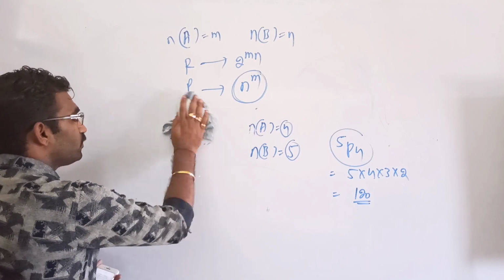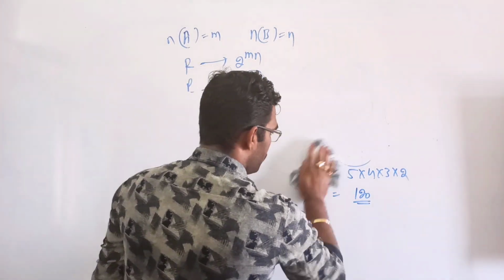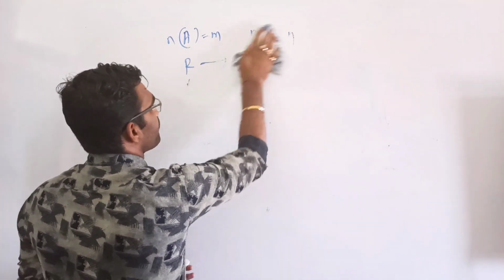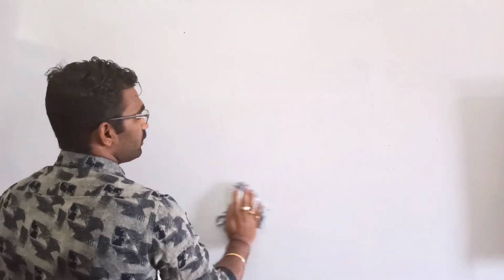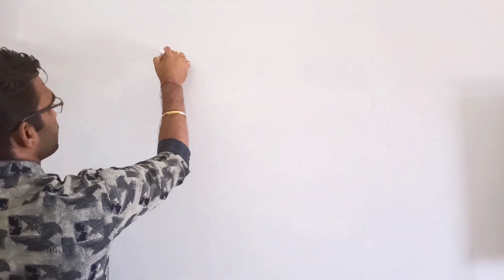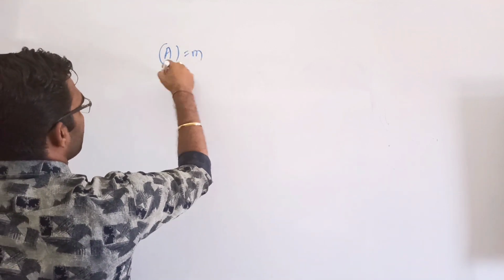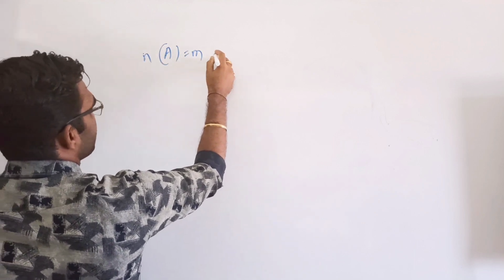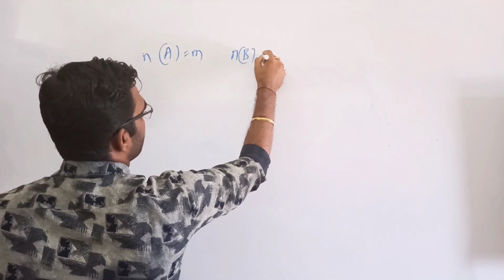Next we will move on to the number of onto functions. Suppose again I consider the set A having m elements and the set B having n elements.